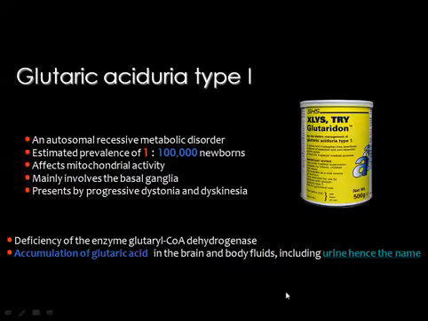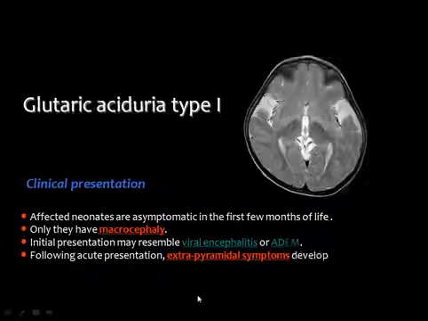The fourth type of this group is glutaric aciduria type 1, which is also an autosomal recessive disorder of rare incidence, as you can see, and it affects the mitochondrial activity due to deficiency of an enzyme, which will lead to accumulation of glutaric acid in the brain and the body fluids, including urine, and hence the name glutaric aciduria.